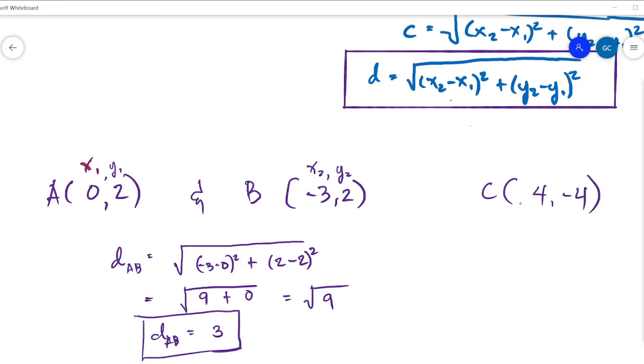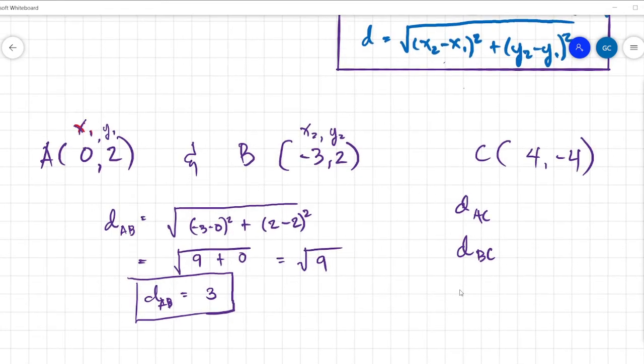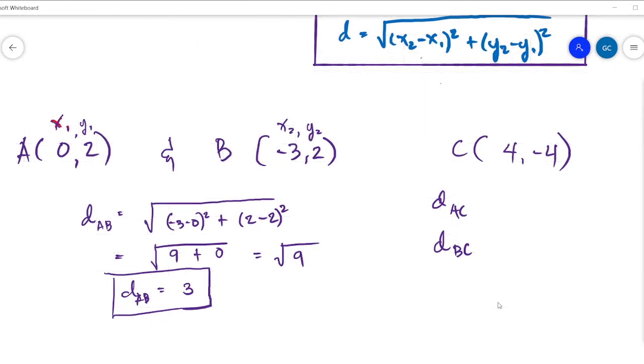Try to compute the distance between A and C. Try to compute the distance between B and C, and that's okay. So you do this example, and I will just plug in the answers here. Feel free to pause the video so you can solve this yourself.